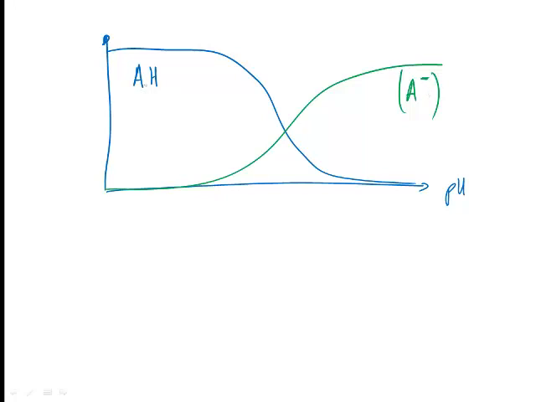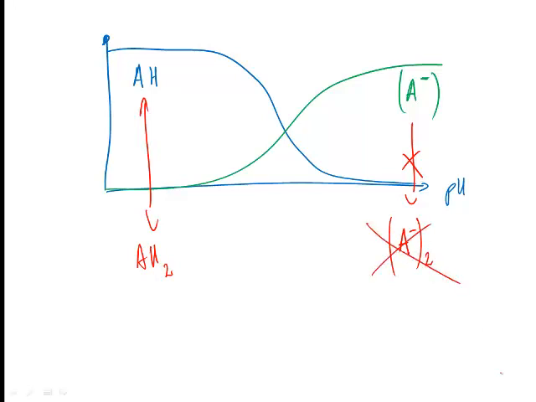At low pH, the protonated form of the acid, AH, is neutral and can partition with AH in the organic solvent. This one can't partition because there's no A- in organic solvent.